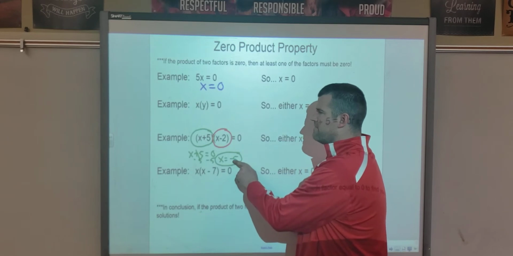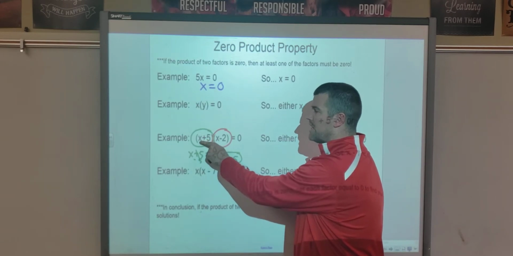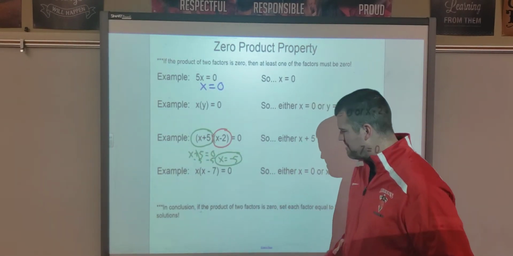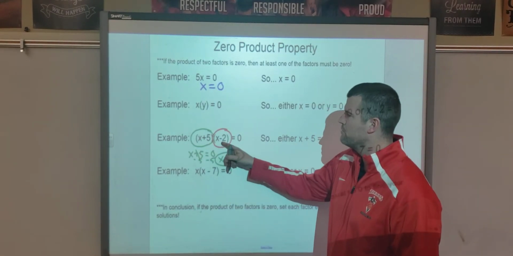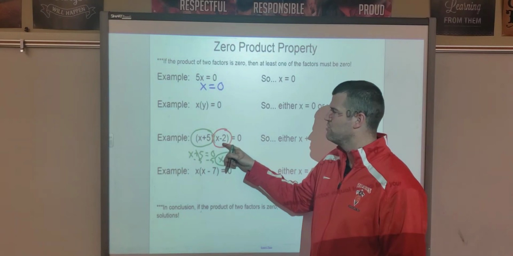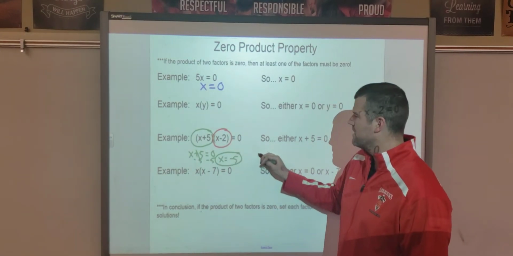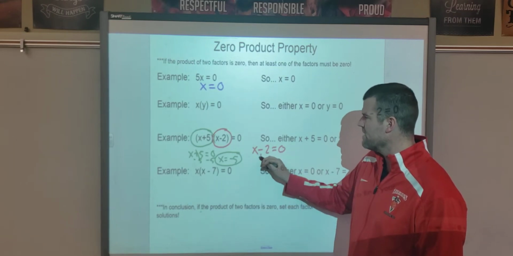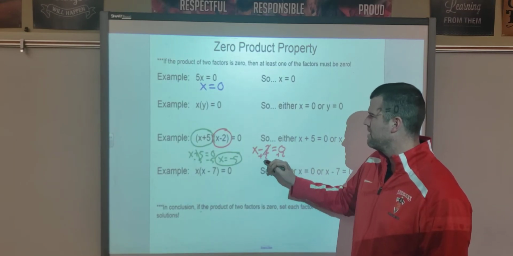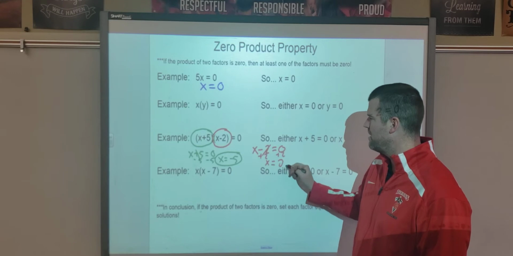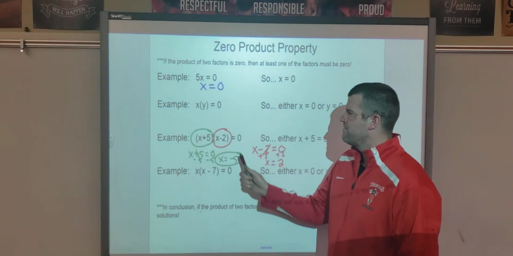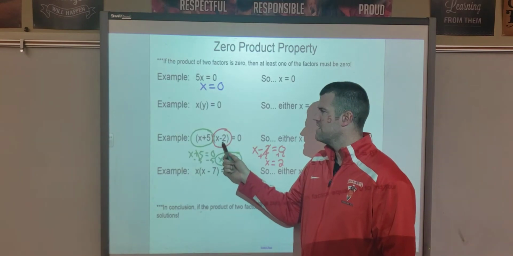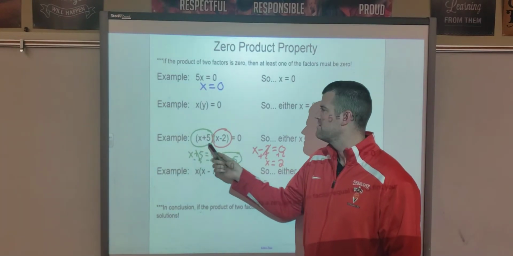So negative 5 is one of my solutions because when I plug it in, it turns that factor to 0. Likewise, our second solution would be whatever turns the x minus 2 into 0. So x minus 2 equals 0, add 2 on both sides, and x equals positive 2. If I plug positive 2 in, 2 minus 2 is 0, and 0 times whatever this is will always equal 0.